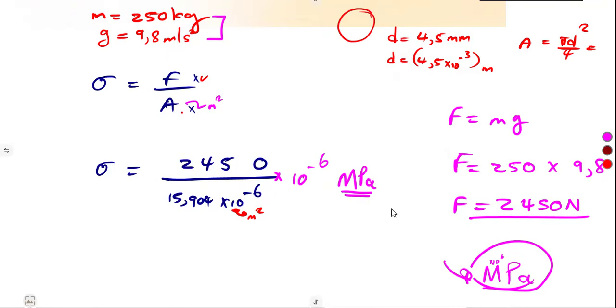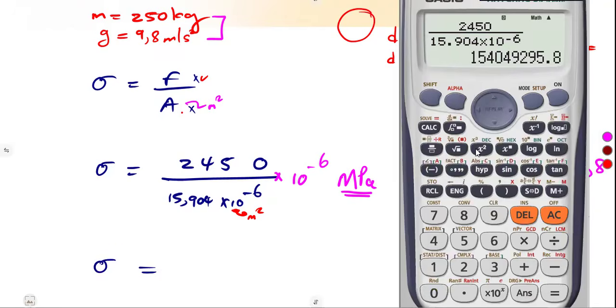It will automatically give the answer that we are seeing on our calculator in megapascal. So let's do that. Times 10 to the exponent of negative 6. Let's do that and see.